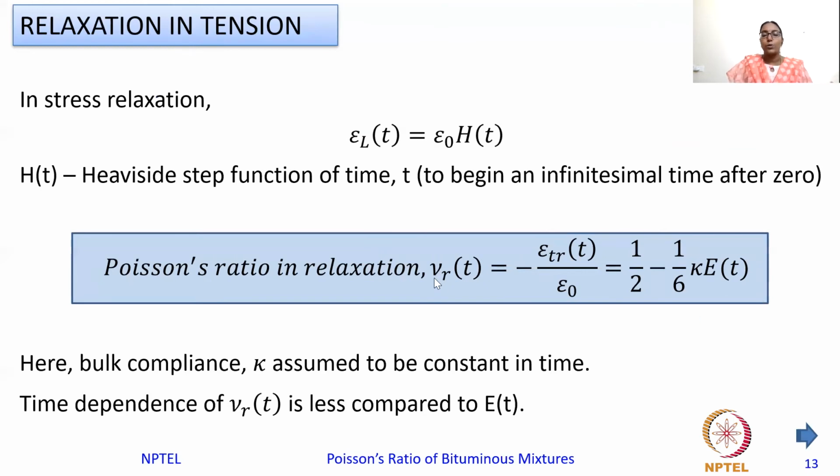That is why it is denoted as mu R and is a function of time. So here, as I said, the bulk compliance is assumed to be constant. Now, what we can see from this expression is that the time dependence of this Poisson's ratio is less compared to the time dependence of the other material parameter here, which is E(t), which is again a time-dependent parameter.